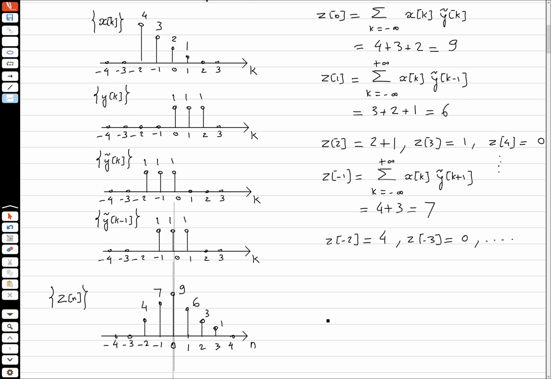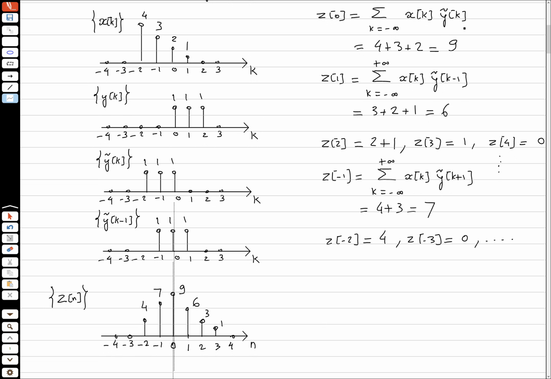So basically, you have to remember that the way to go is to change the name of the index, plot y of k, x of k, then flip y of k, then calculate this operation.